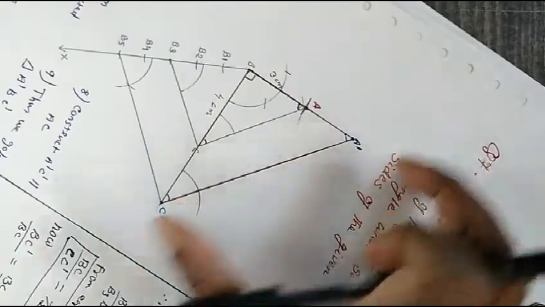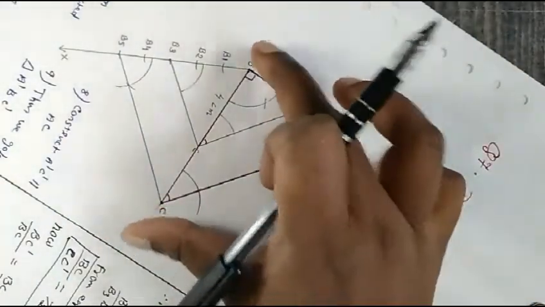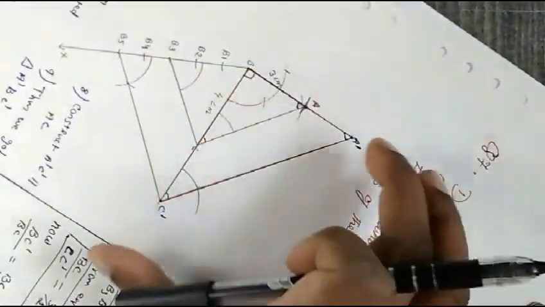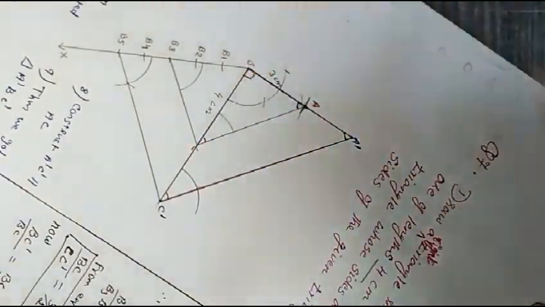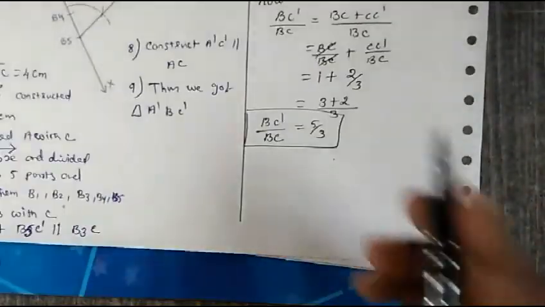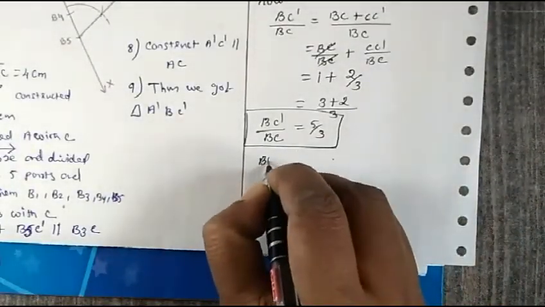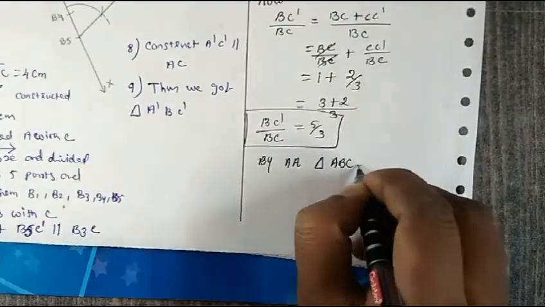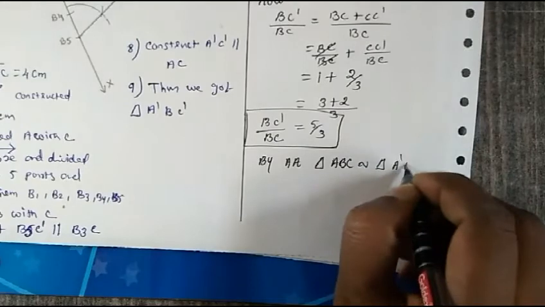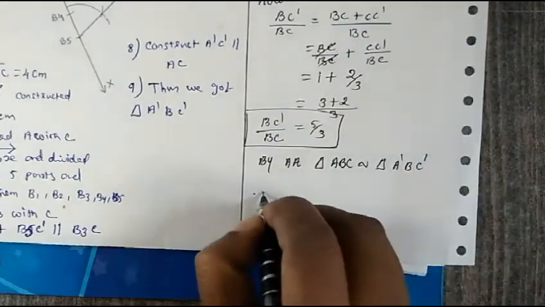So this side upon this side, this side upon this side, and this side upon this side are equal. So by angle, we can say triangle ABC is similar to triangle A dash B C dash.